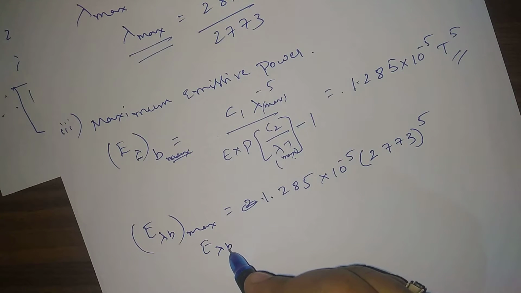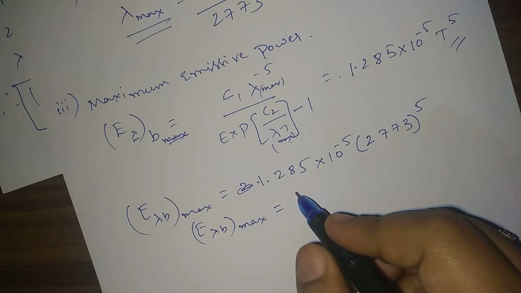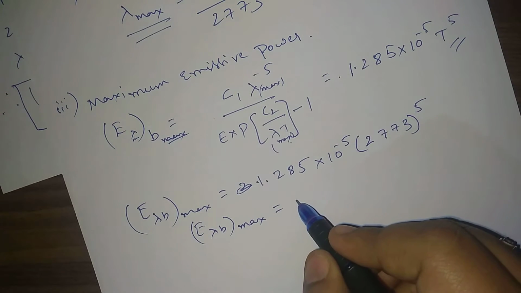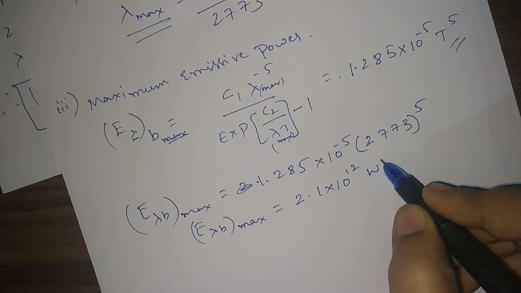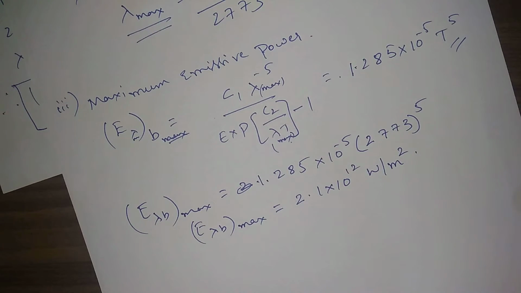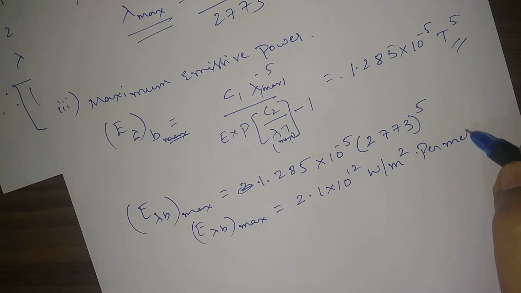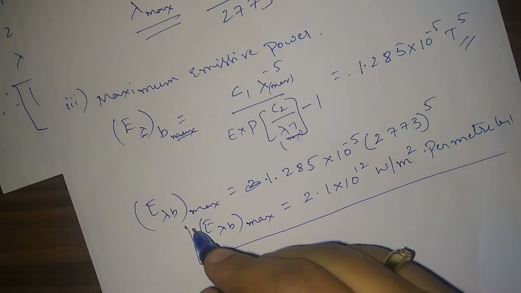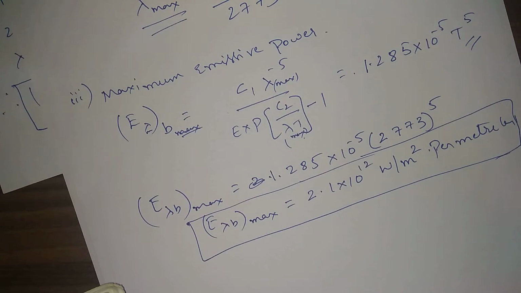So E lambda B max is equal to 2.1 into 10 to the power of 12 watt per meter square per meter length. So per meter length, this is the answer for that. Okay, so this is done.